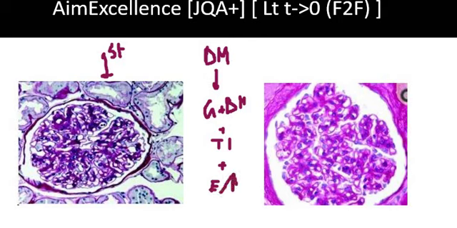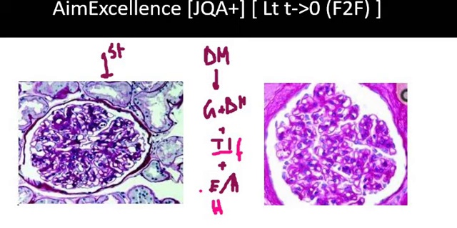So there will be fibrosis in the tubulointerstitial region. There will be efferent and afferent arteriolar hyalinosis, and also involvement of the glomeruli and basement membrane.